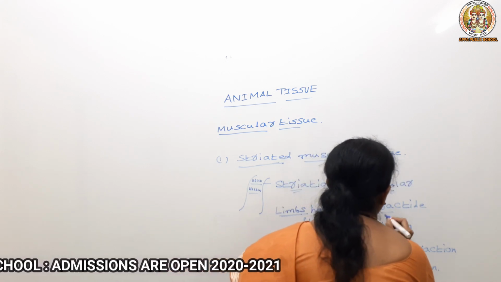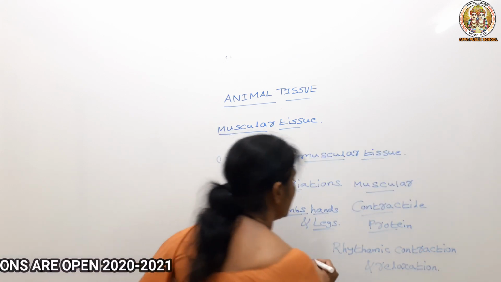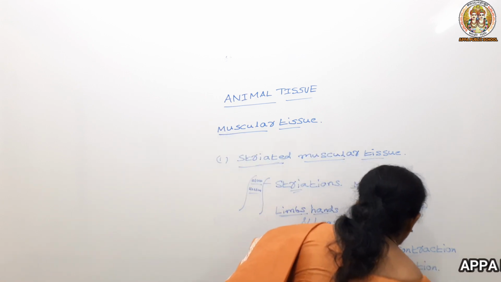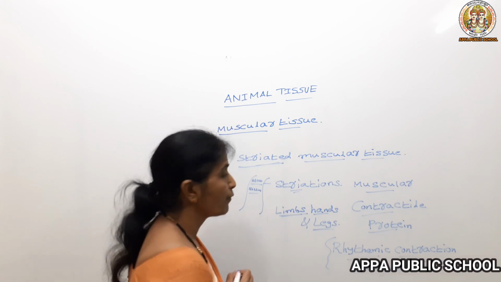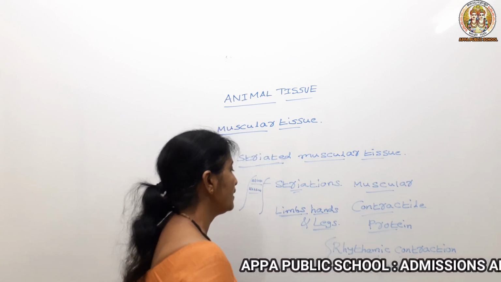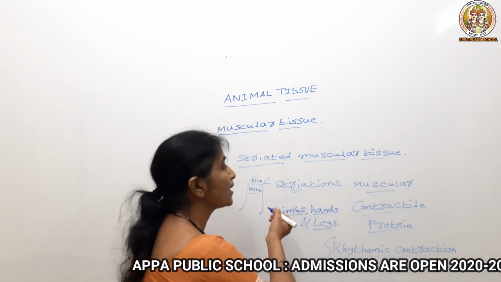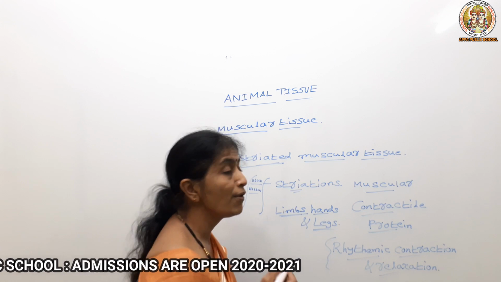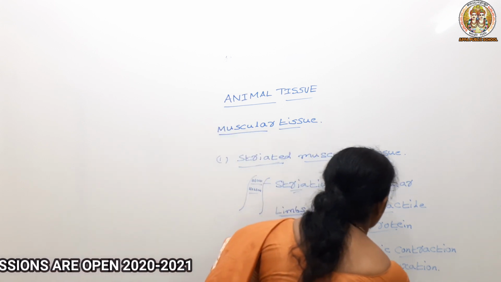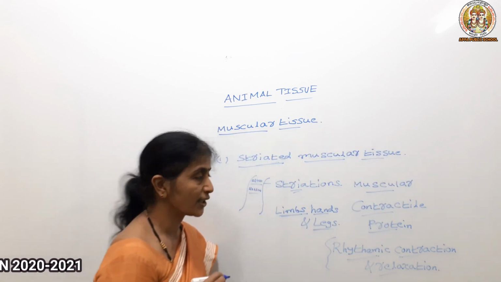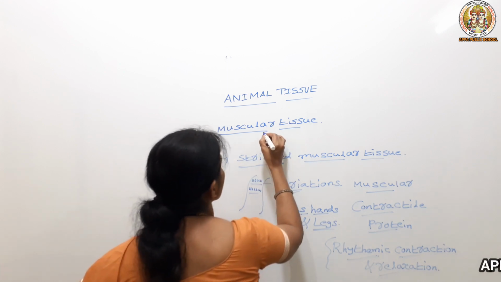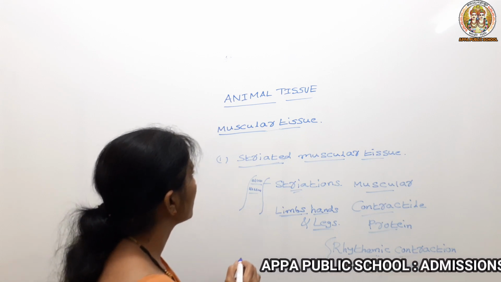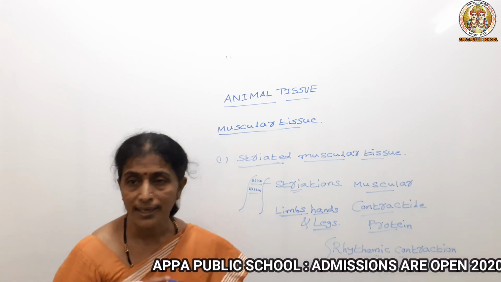The presence of contractile protein makes these muscles contract and relax very fast. For example, the contractile protein present in the cardiac muscles helps to pump the blood at regular intervals due to this rhythmic contraction and relaxation. The main function of muscular tissue is the movement of any organ. So this is about the striated muscular tissue.